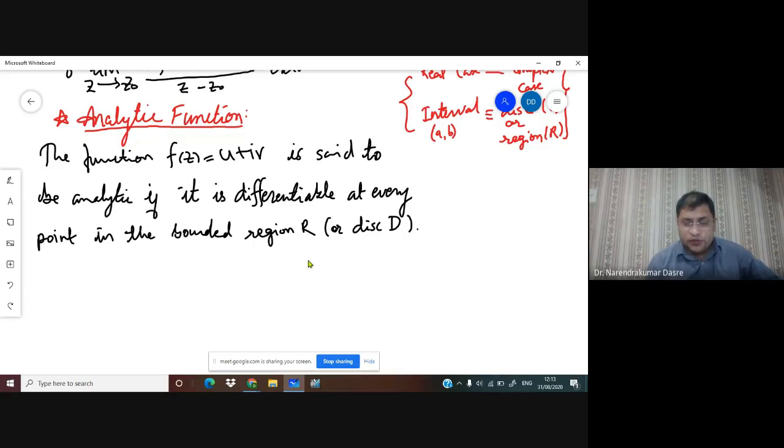So if there are infinitely many points, then the question is how we are going to get this. Think over it. You can give a thought to what is possible.